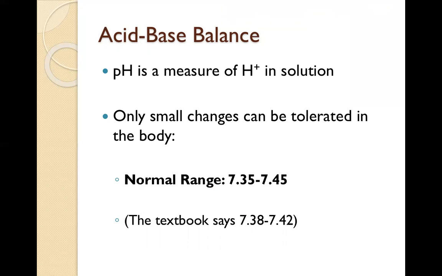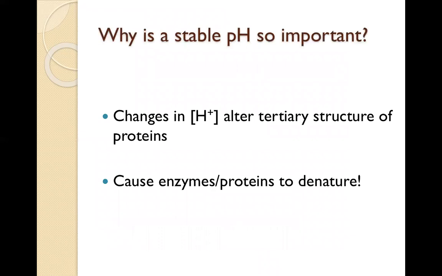Your textbook will say it can be between 7.38 and 7.42, but truly the normal range of pH is anywhere between 7.35 and 7.45 of your blood. And the typical value that is always quoted is 7.4. That is the normal pH in the human body.